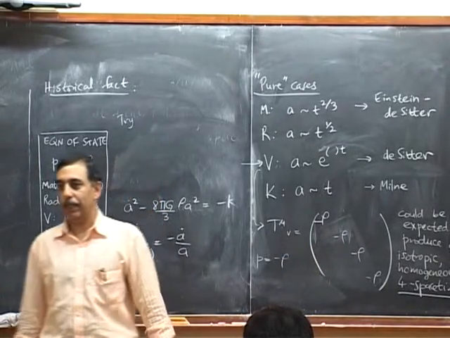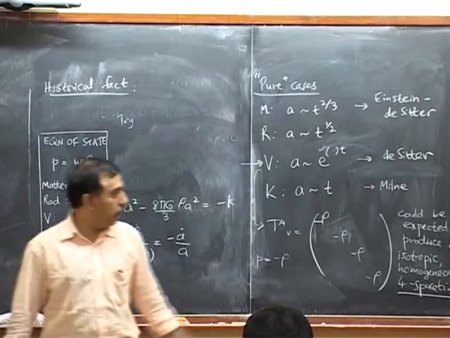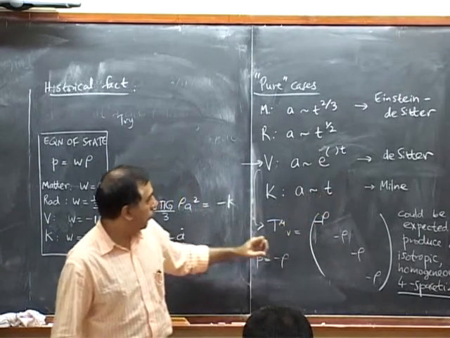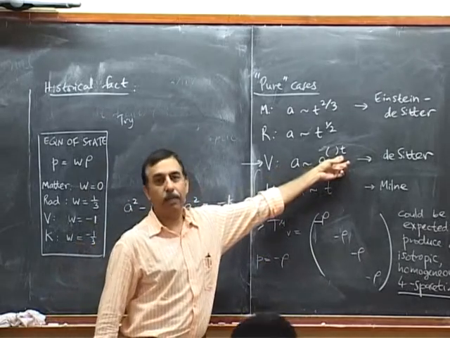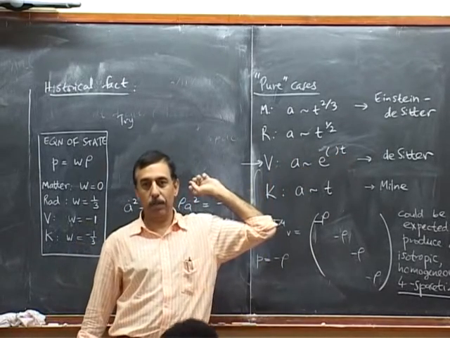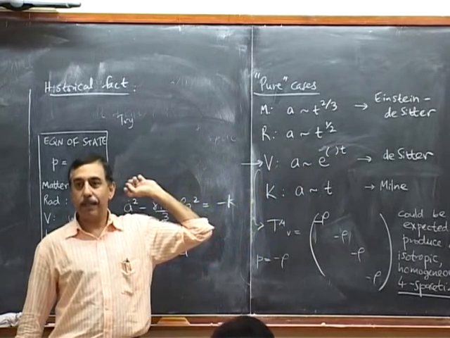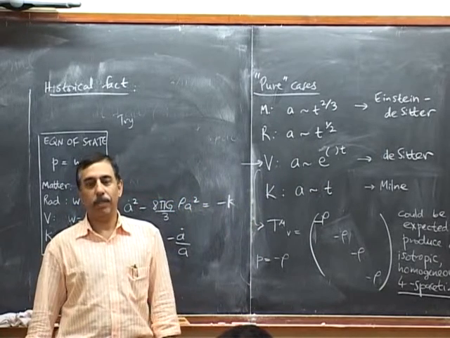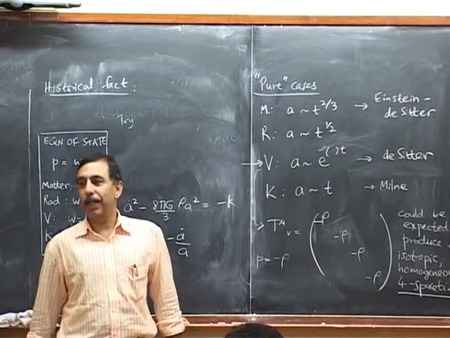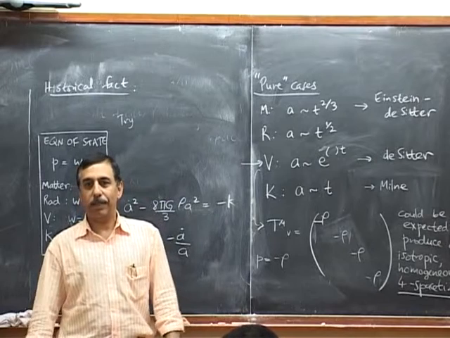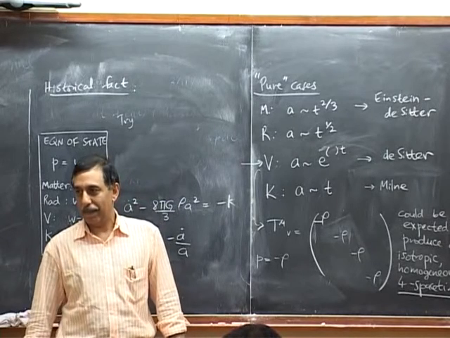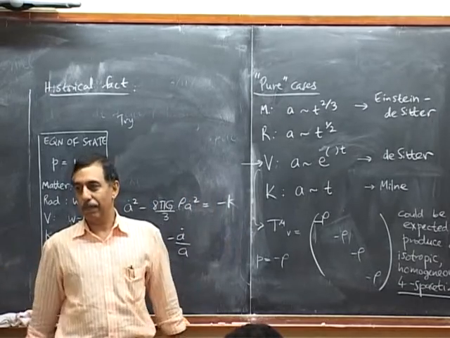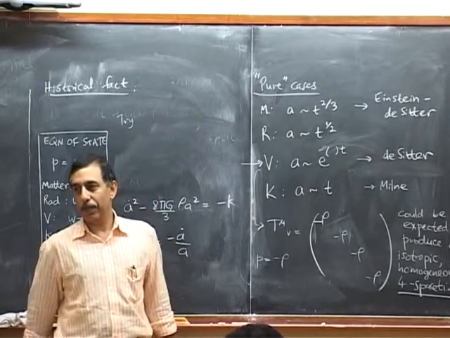Alternatively, if you just take the behavior A goes like e to the t and plug it into the Robertson-Walker metric and analyze that metric carefully, you will find 4 more Killing vectors which you hadn't thought about before. Once you have found 10, you are guaranteed that it's a maximally symmetric space because that's the maximum number of Killing vectors. Then it's up to you to find the coordinate transformation which makes it look very symmetric, in which time and space appear on an equal footing.